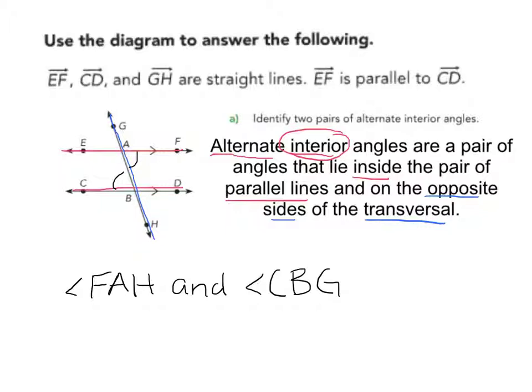The other ones also have to be in between the parallel lines, so they're going to be here and here. So I have angles EAH and angle DBG. So those would be my two pairs of alternate interior angles in this diagram.